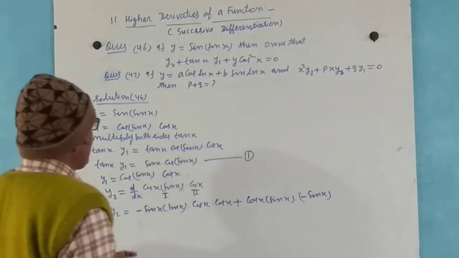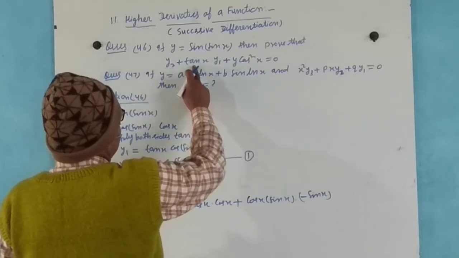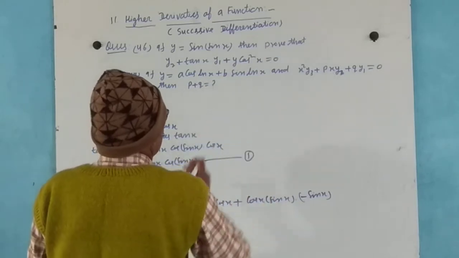Now we have to show that y2 plus tan x y1 plus y cos square x equals 0.